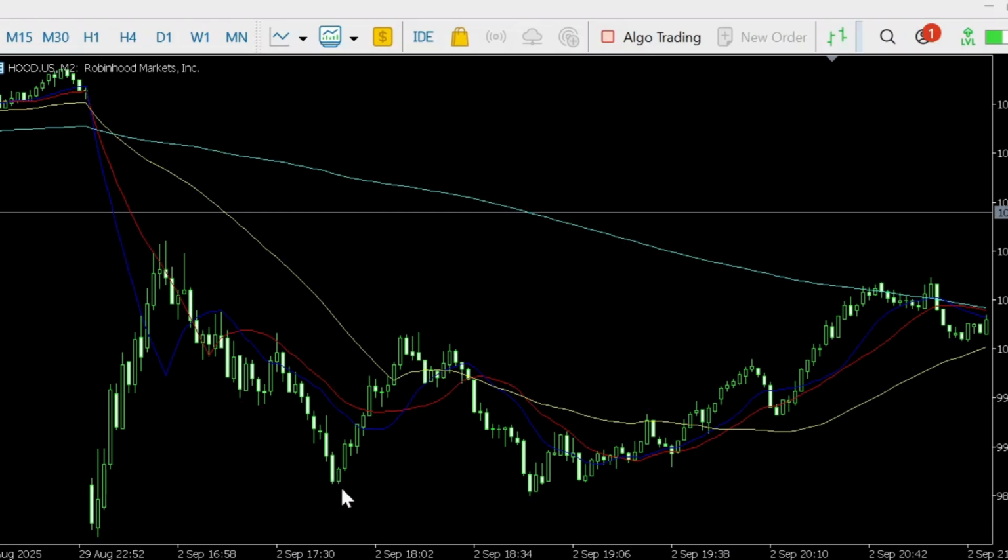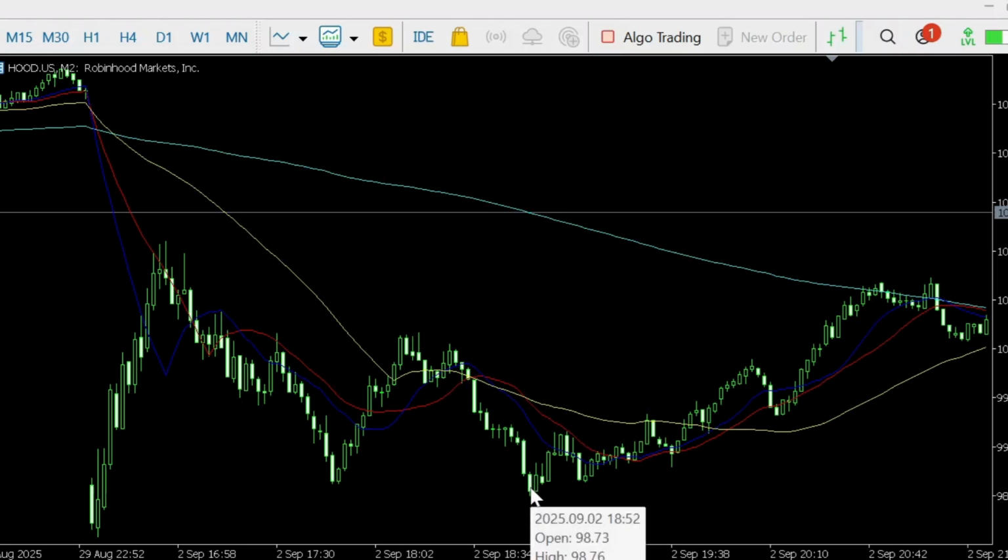At this point there was a pullback, a snapback towards the upside to this moving average. And once it ran to this moving average, it came all the way down again. This movement towards the downside, if you had placed a sell trade here, could give you anything not less than $100 to $150.